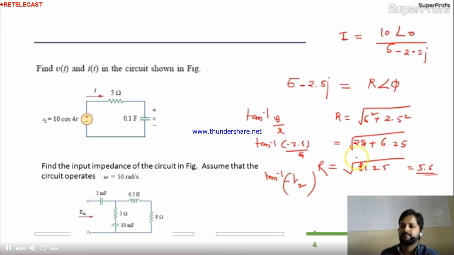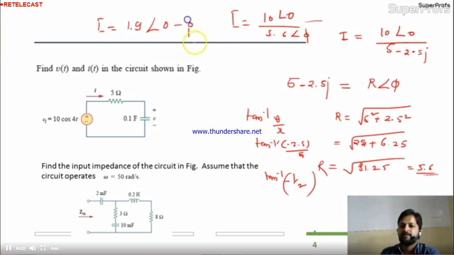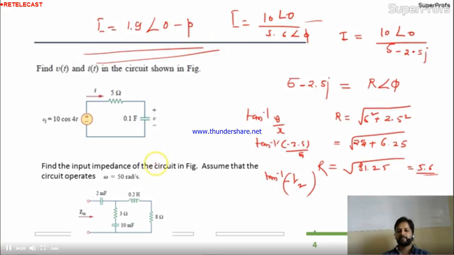So I is 10 divided by 5.6, nearly 1.9, at an angle 0 minus that angle. This will be your current.